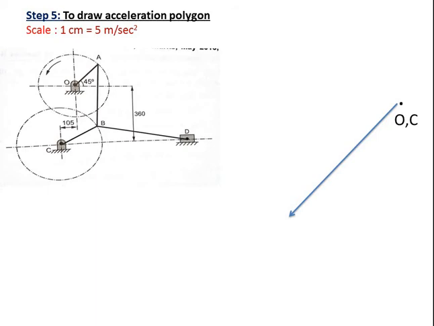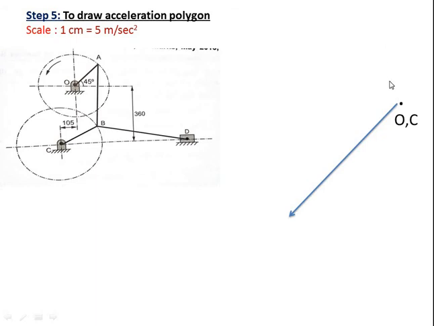Remember, don't get confused for the direction. As I say it is towards O, it doesn't mean that you will draw it over here, that arrow towards O. Once you say towards O means downward. So remember this point, downward. Towards O means downward.